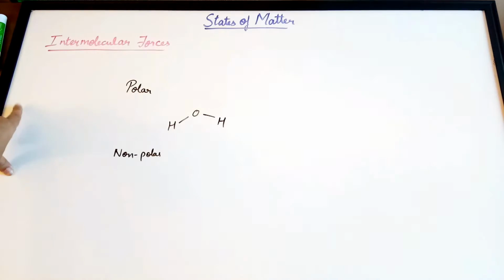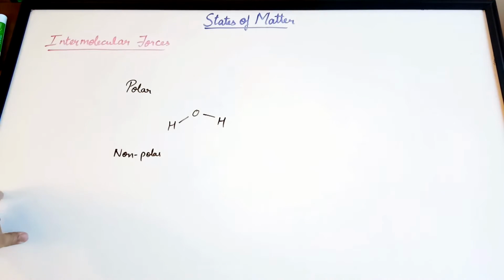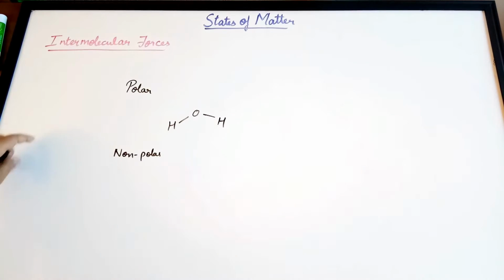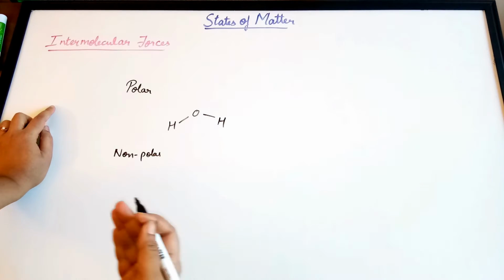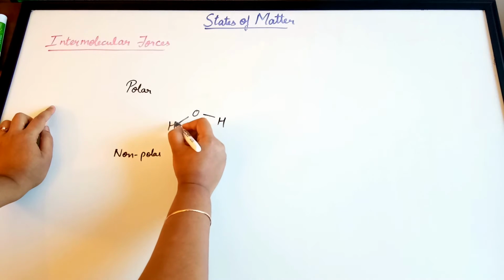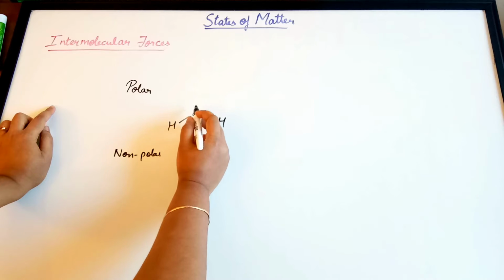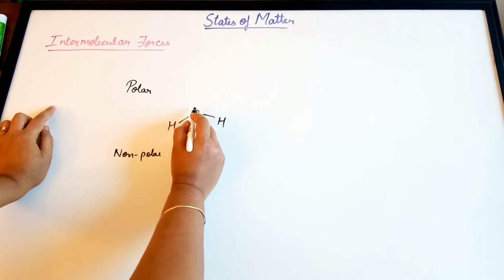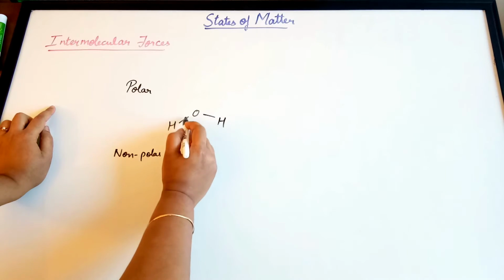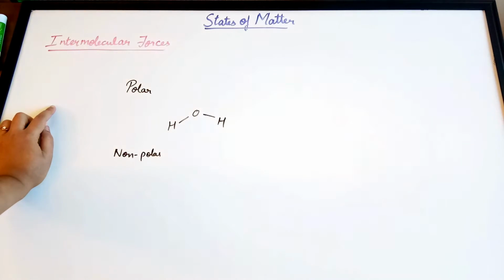So water is polar in nature, and this basically means this is polar because between hydrogen and oxygen, oxygen is more electronegative, and so what happens is this bonded pair of electrons gets pulled towards the oxygen.